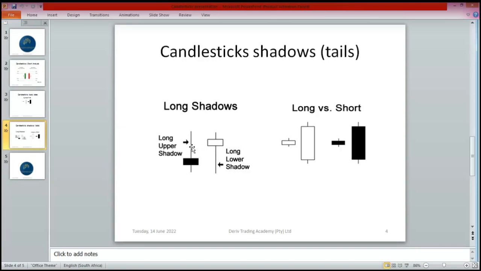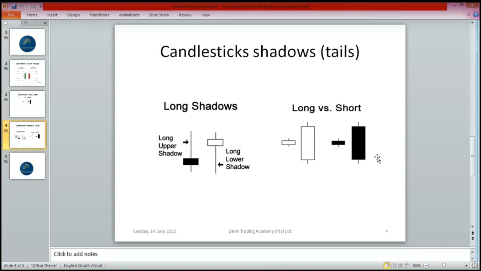Now, candlesticks with short shadows indicate that most of the trading action was confined near the opening price and the closing price.